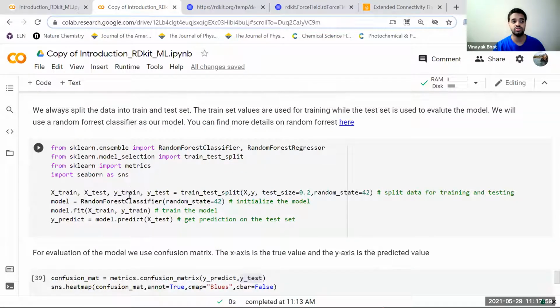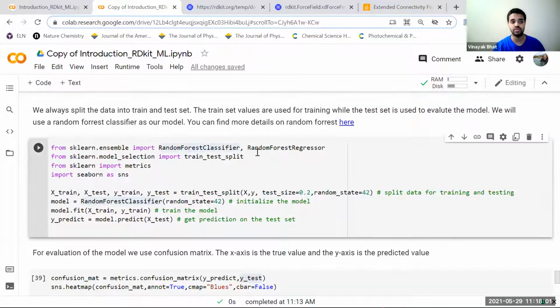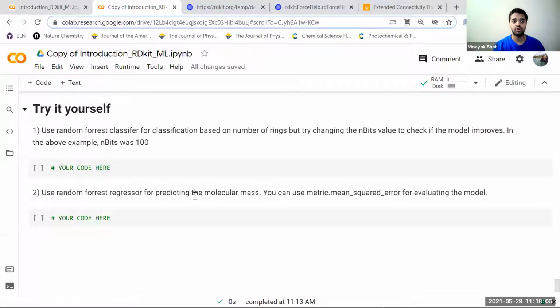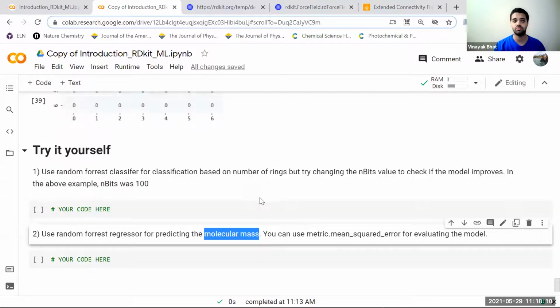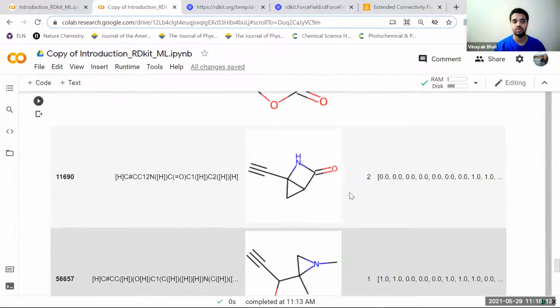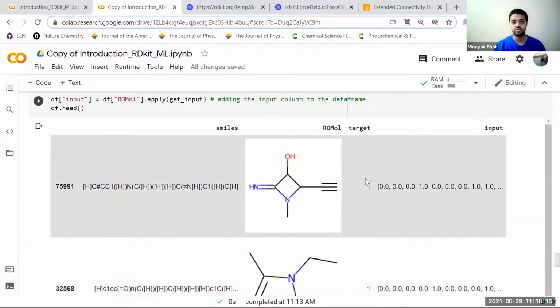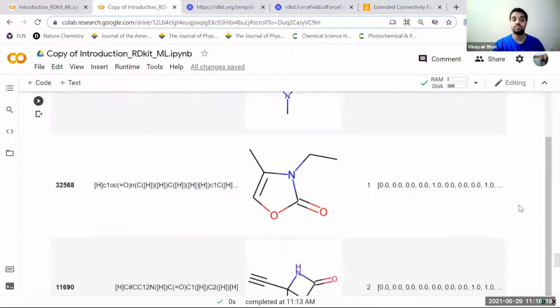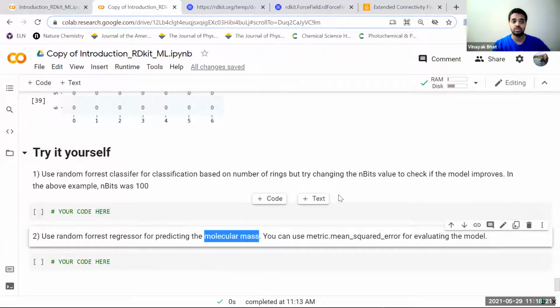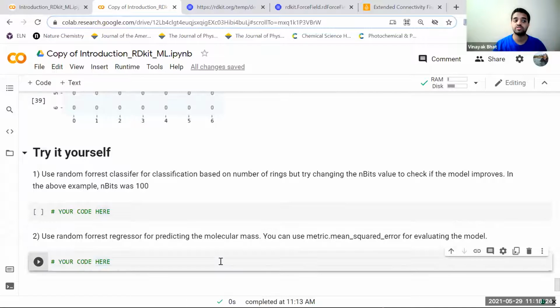So the code change will be here. Instead of classifier, you'll be using random forest regressor. And you can have your y values to be molecular mass instead of the number of wings that we predicted here, right? So right here we have number of wings. Instead of number of wings, you can try to get molecular mass and see whether that representation predicts the molecular mass. And we'll be using the random forest regressor model in the PyMedGen thing.